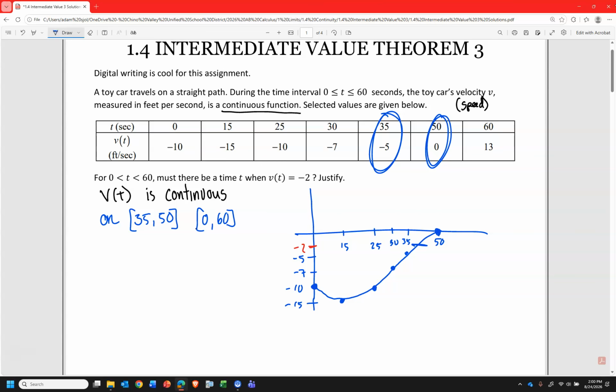Okay, and in fact, 0 to 60 would work, because notice, when time equals 0, the velocity is negative 10. That's below that negative 2. And then at 60, the velocity is 13, more than that negative 2. So we could have done that as well. Okay, I'm not going to. Velocity is continuous on 35 to 50, so intermediate value theorem applies.